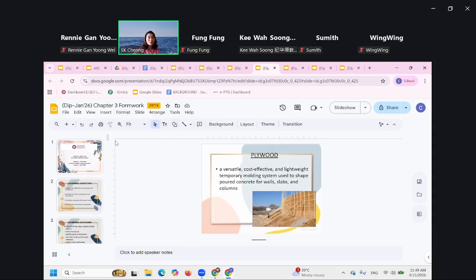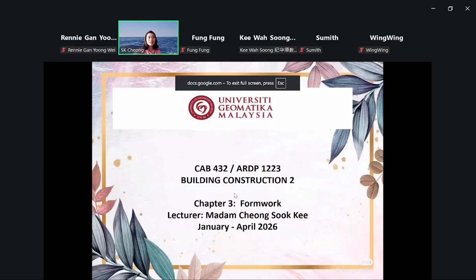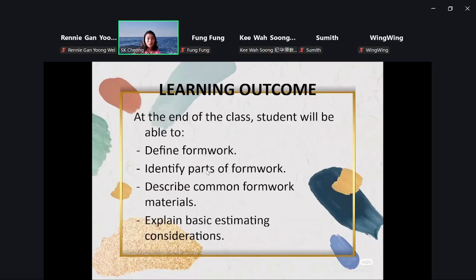Formwork again. In chapter 3, formwork, I think it is mainly to identify the components and the types. The material will be plywood or steel or precast. So you can identify the common materials.